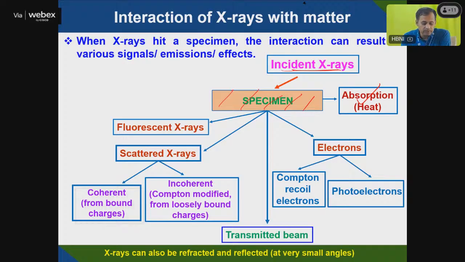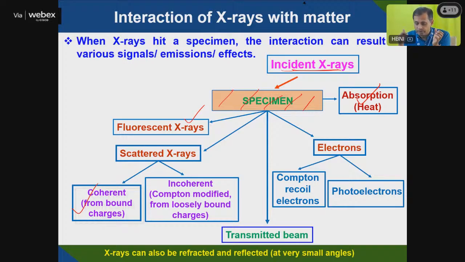Or you can generate fluorescent X-ray, where the incoming X-ray interacts and some fluorescent X-ray comes out of the specimen, or the same X-rays can be scattered. That can be coherent scattering or incoherent scattering like Compton or modified scattering, mostly where loosely bound charges are there interacting with the X-ray beam, and you will see incoherent scattering.